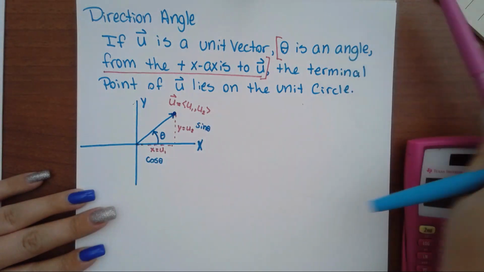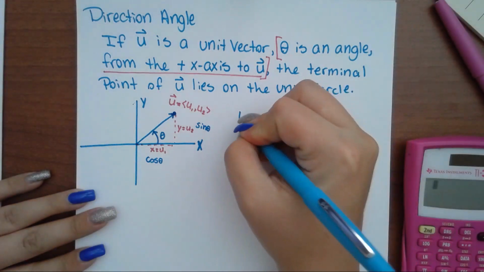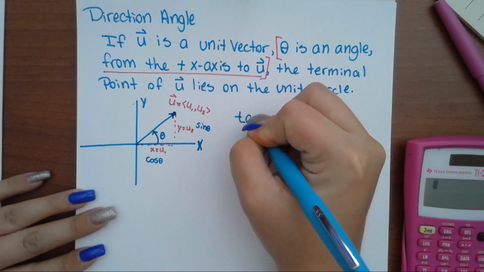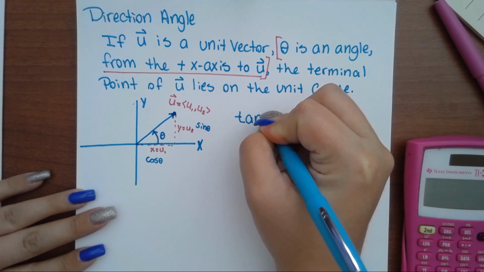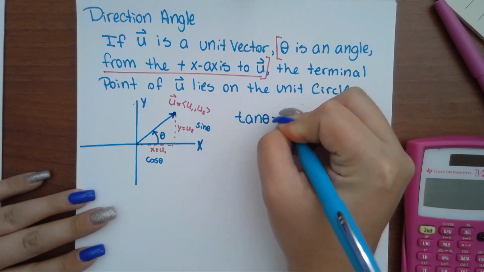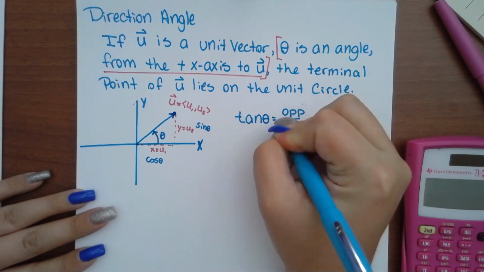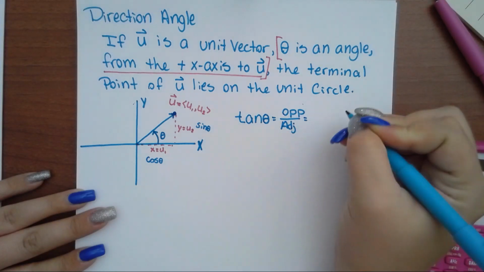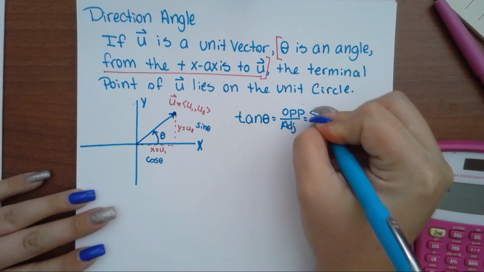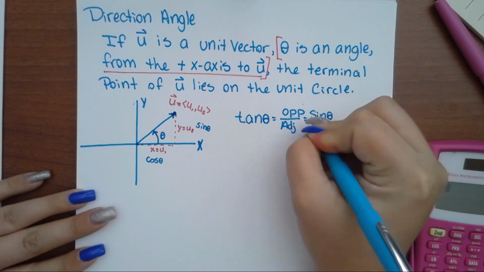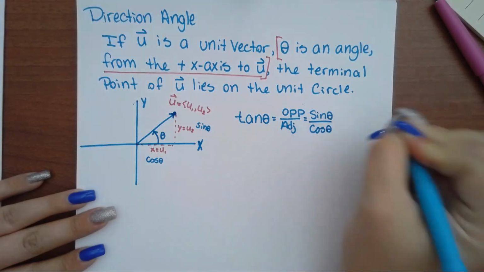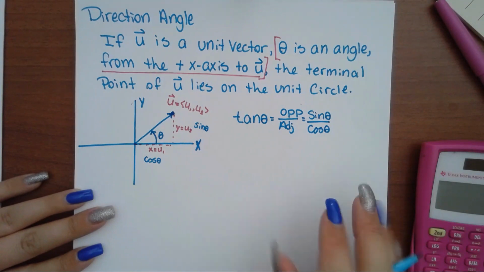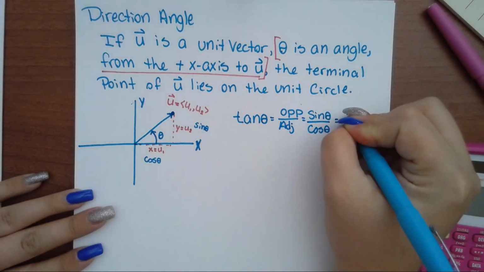Okay, because there's a formula that you need for this, and it's all going to kind of come into play right here. It's the tangent formula. So to find the direction angle, we use the tangent of theta is equal to our opposite side over our adjacent side, or sine over cosine. That's our formula from our last unit, sine over cosine. Or we can say that the sine is y and the cosine is x.